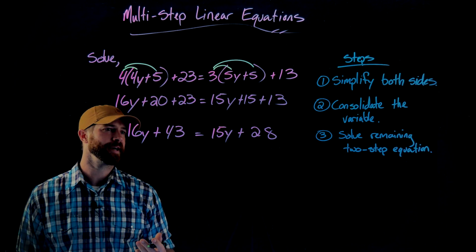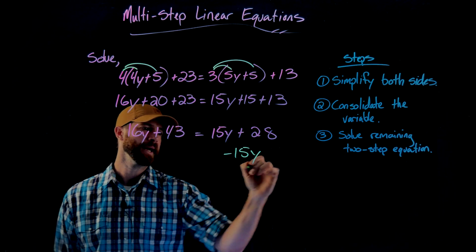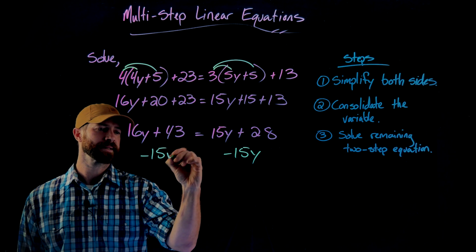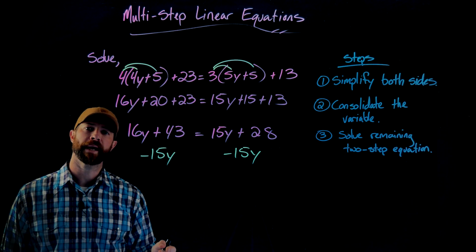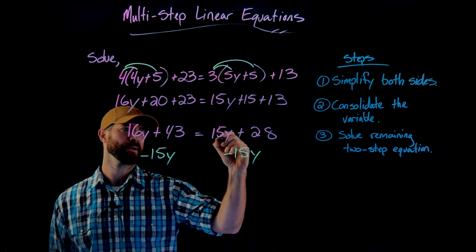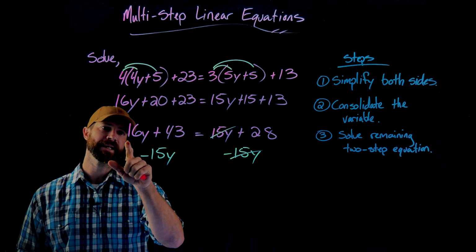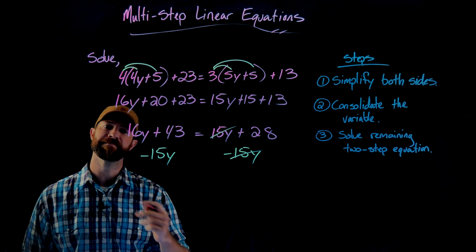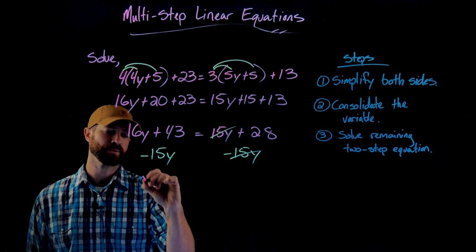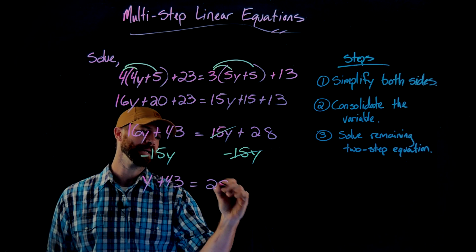To consolidate my variable, what I'm going to do is subtract 15y from both sides. Again, I'm doing this because I want to eliminate the y's from one side of my equation. I like to eliminate them from the right-hand side of the equation. What I'm left with is 16y minus 15y, giving me 1y, which I'll just write as y, plus 43 equals 28.